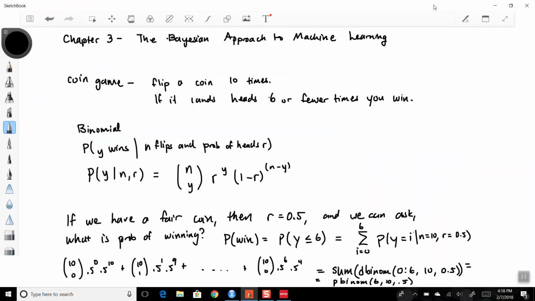And so you say, well, instead of just assuming that the coin is fair, what if I watched other people play the game, and based on the data that I observe, I will come up with a guess for the probability of landing heads. I'm going to try to figure out what R is, what's the probability that the coin lands heads, based on what other people do, okay?